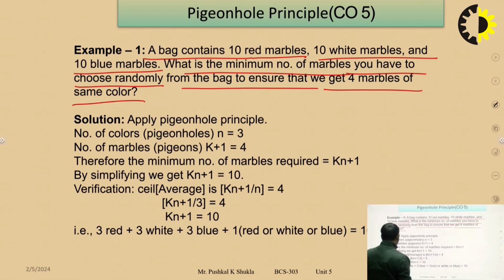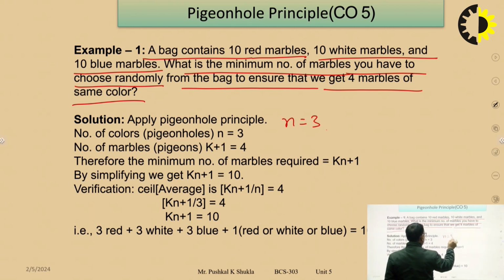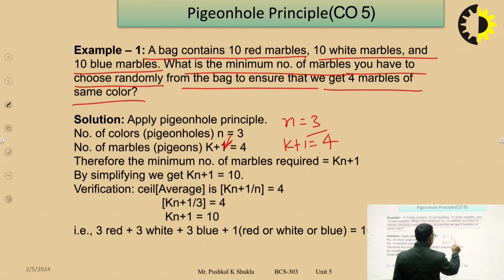So apply the pigeonhole principle. Here n equal to 3. 3 means the number of colors: red, white and blue. So n equal to 3. The number of marbles, that is pigeons, equal to k plus 1, one more than the pigeonholes, that is 4.